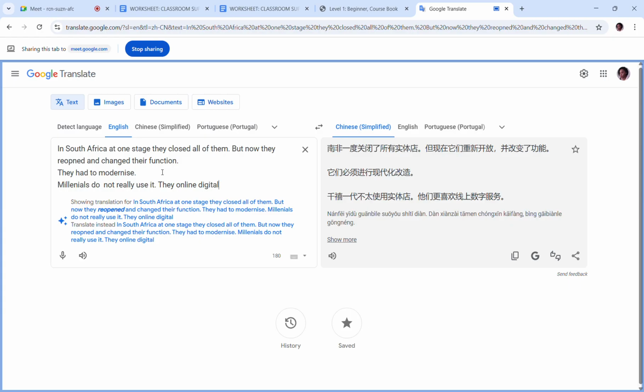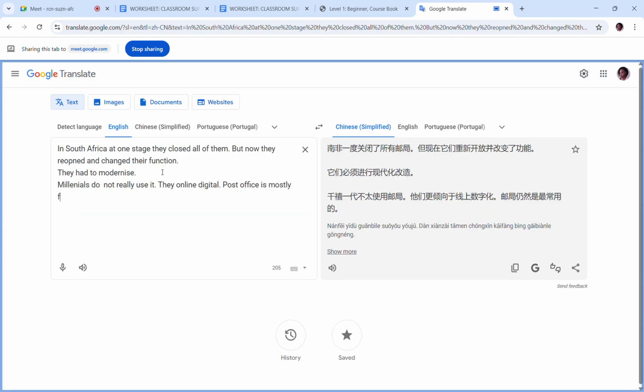So the post office is mostly for older generation services, and some international work as well. I think so. Okay.